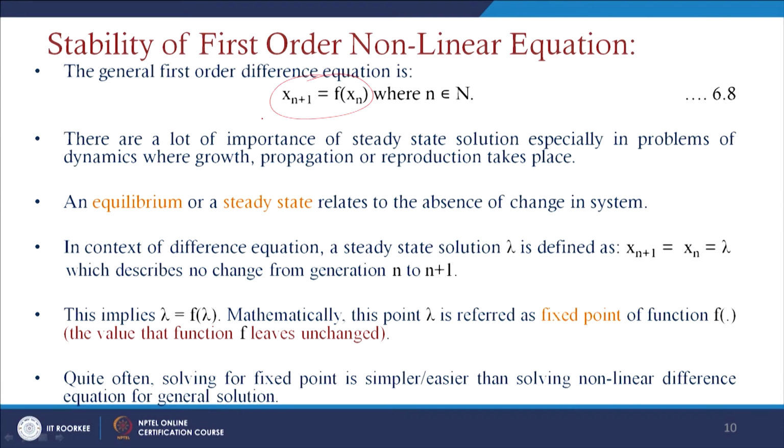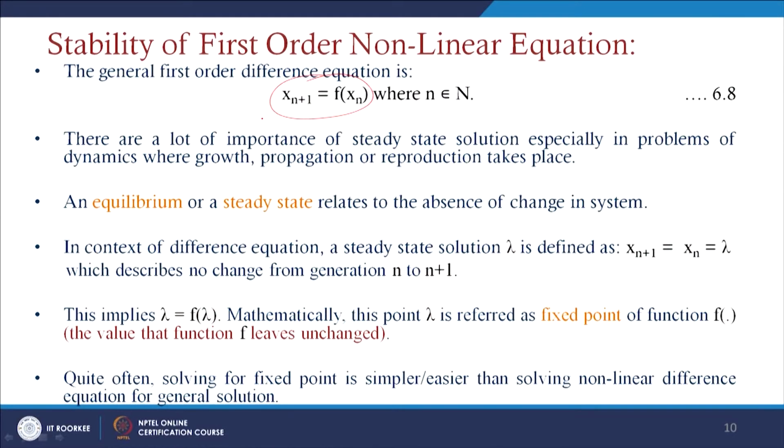In the context of a difference equation, a steady state solution lambda is defined as x_{n+1} equals x_n equals lambda. Whenever we have a fixed point solution, we say it is a steady solution. After that we do not find any change; we always have the same value at each iteration, which describes no change from generation n to n plus 1.